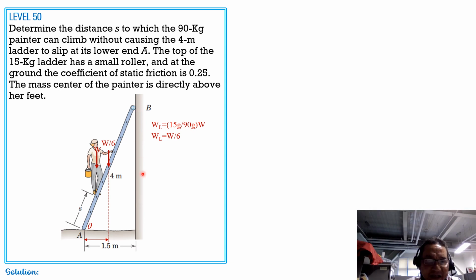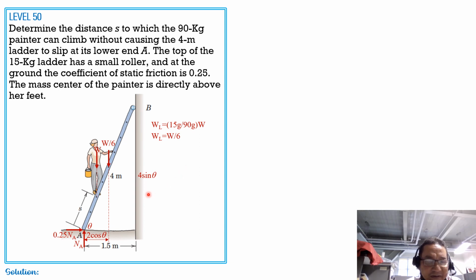So this distance is 4 sine of theta, the vertical distance between A and B. Let's have normal at A, friction, which is to the right, 0.25 of NA, then normal reaction at B.